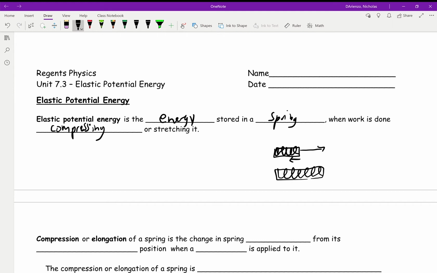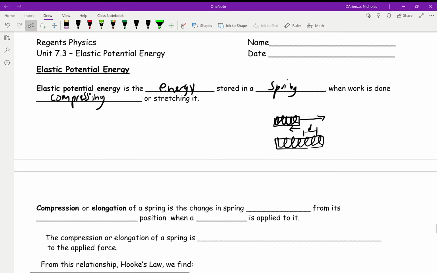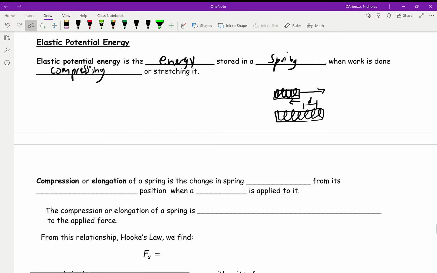We do work to actually have to stretch that spring to increase it and change its displacement from where it wants to rest. And if we stretch it like that and we let it go, the spring's going to want to collapse back on itself, and it's going to want to return to what we call an equilibrium position. But it's going to take work in order to compress or stretch that spring, which is going to build up potential energy.